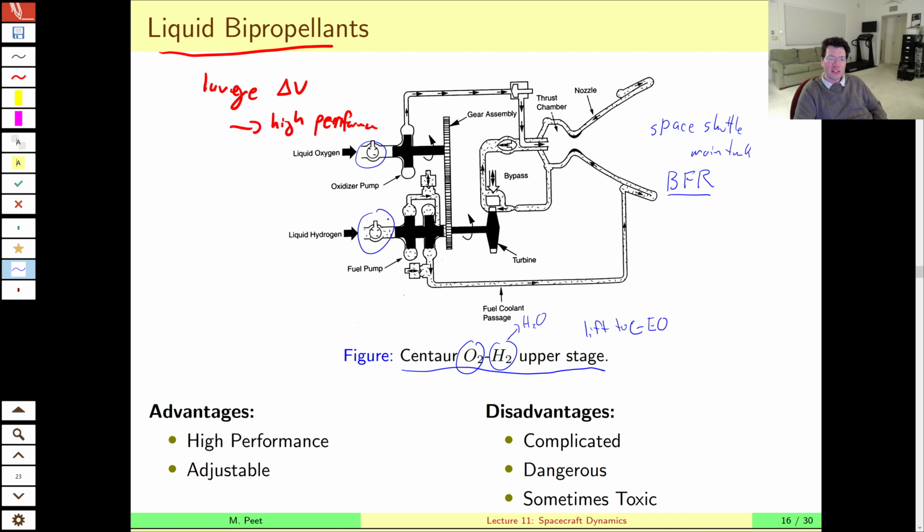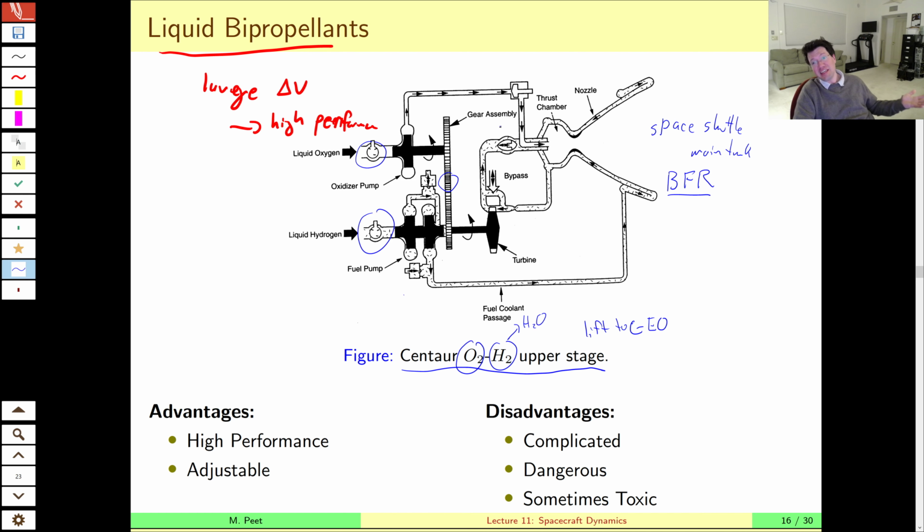Right. So there's some complexity to this process which isn't present in any of the previous rockets we have. Specifically, these two propellants have to be combined in a fixed ratio, right? And that has to work dynamically. So you see here, there's this gear assembly which links the flow rates of these propellants together.